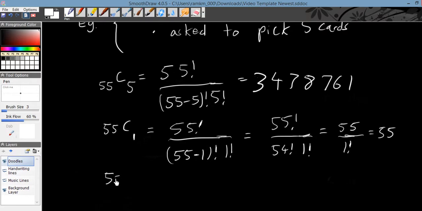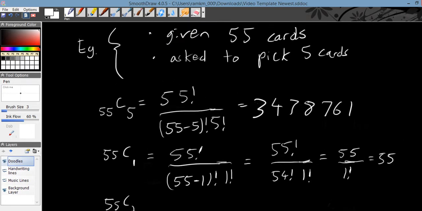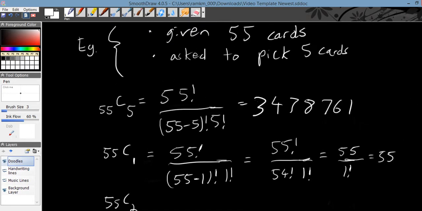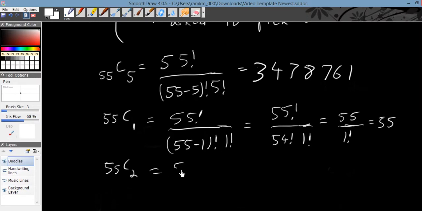Now, what about 55 choose 2? If you're asked to pick 2 cards from the stack, how many different sets of 2 cards can you pick? Well, that's going to be 55 factorial over 55 minus 2 factorial times 2 factorial.